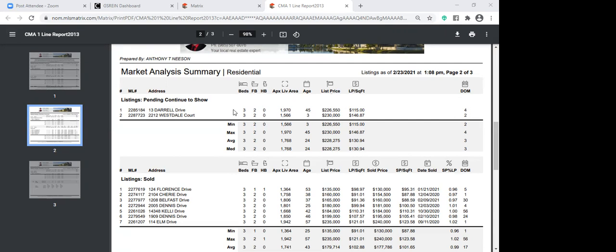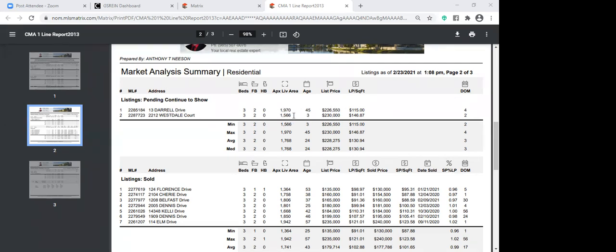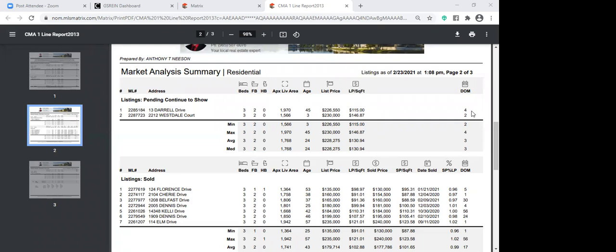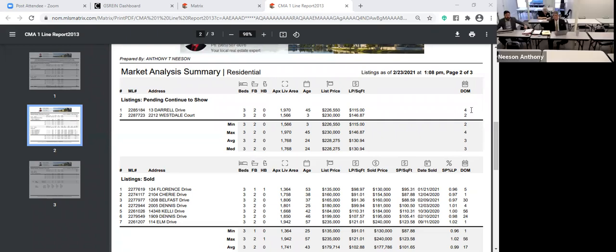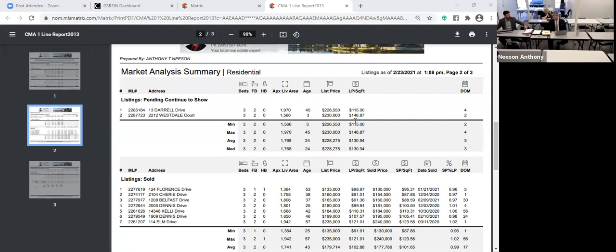So if I have a property that's similar to 13 Darrell Drive and similar in size, and I list it for somewhere around this, it probably is going to go into contract pretty quickly. And these are some pretty decent size price points. 146 a square, I'll take that all day, right?